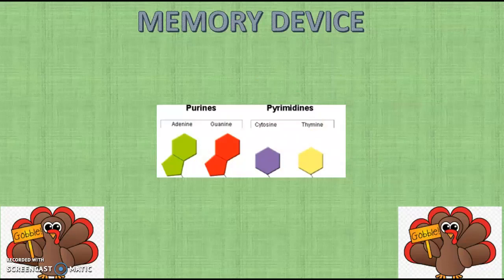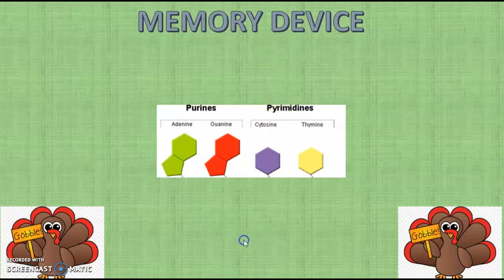But the way that I always remembered which one is which: purine, smaller word, but it's the bigger molecule. Pyrimidine, bigger word, but the smaller molecule. And that's an easy way to remember a lot of things. That's an easy way to remember acids and bases, and surface area to volume ratio, and the size of a molecule, by using opposite day.